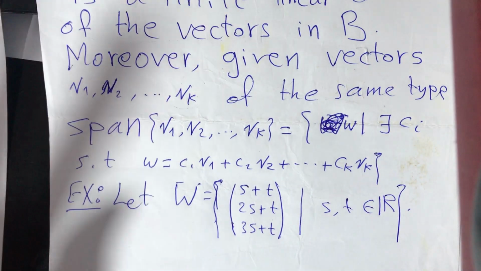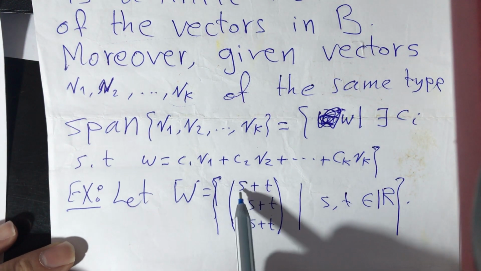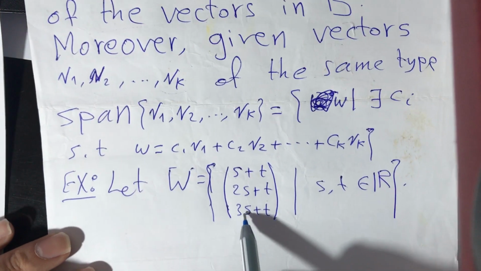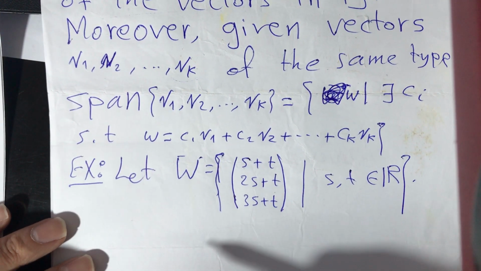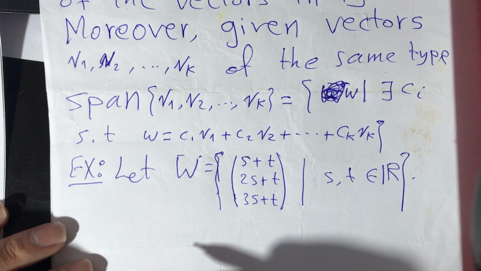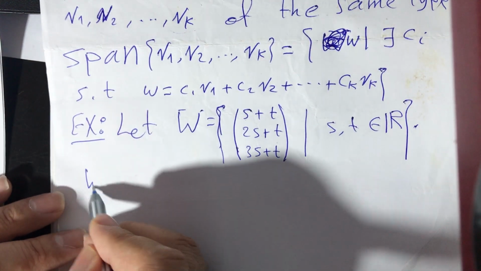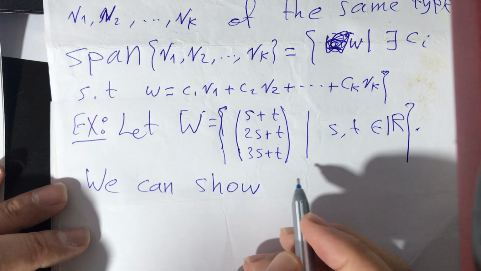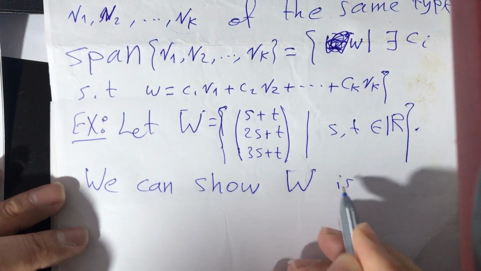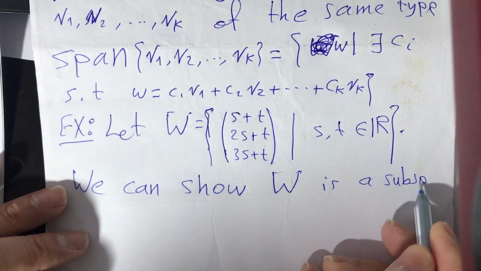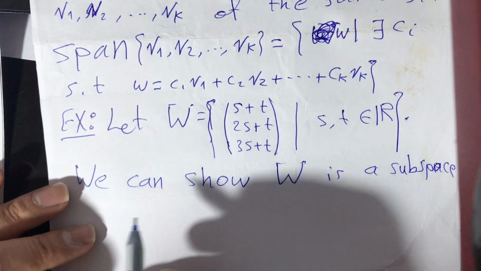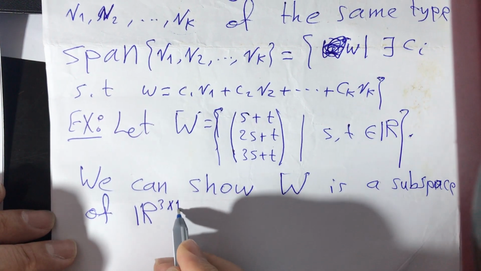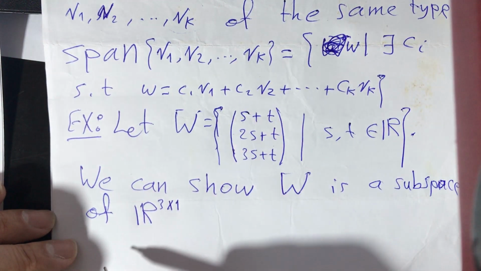This is set W. Any real numbers S and T, S plus T here, 2S plus T here, and 3S plus T here. We can show W is a subspace of R3 times 1, 3 rows and 1 column.